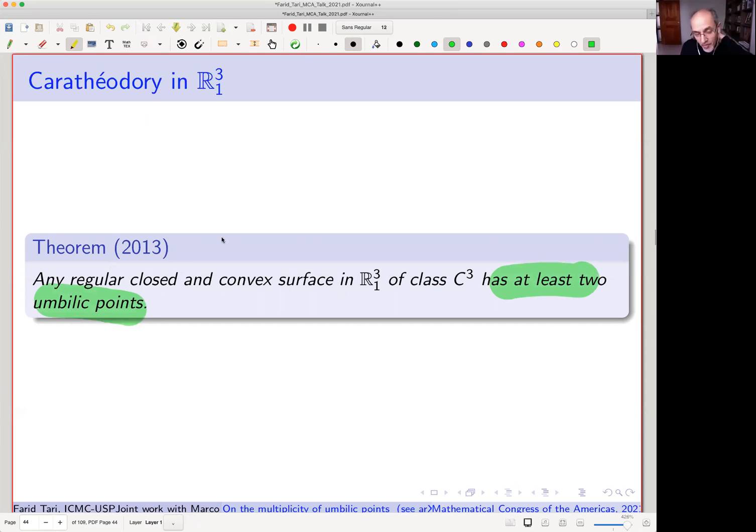This is true, but the problem is still open when the surface is in the Euclidean space. But for surfaces in the Minkowski space, any closed one which is convex and regular of class C3 has at least 2 umbilic points.